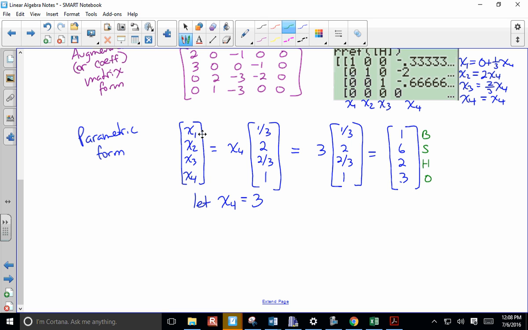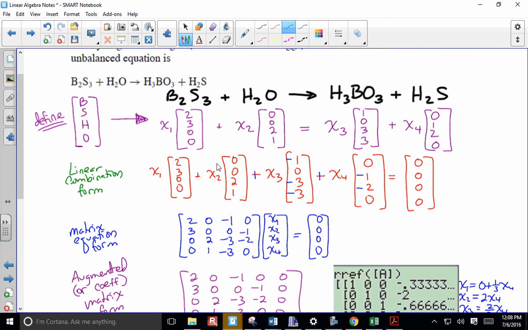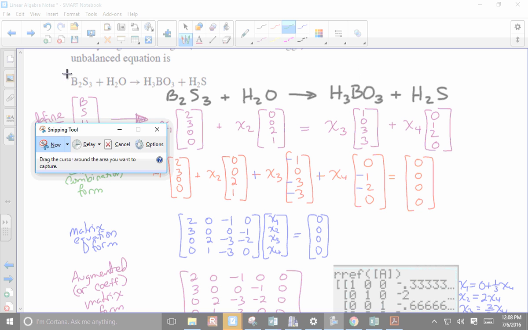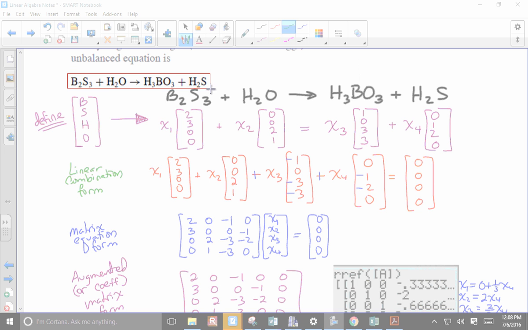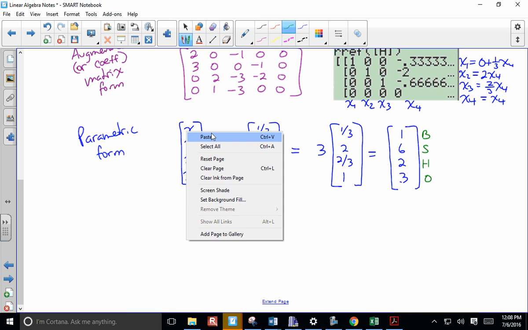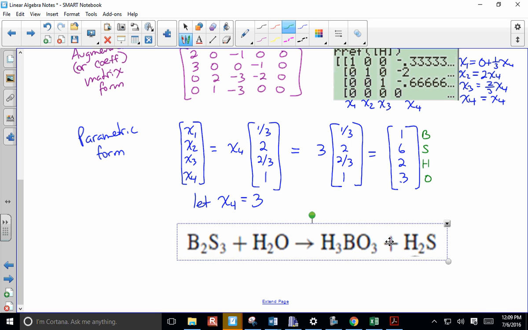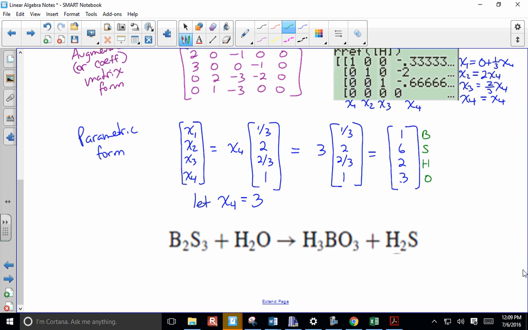Right, so we just have to write our balanced equation out, which requires that we have the unbalanced equation somewhere. Let me just snag that right quick. Oh, actually, no, sorry, these are the weights. It's x1, x2, x3, x4.